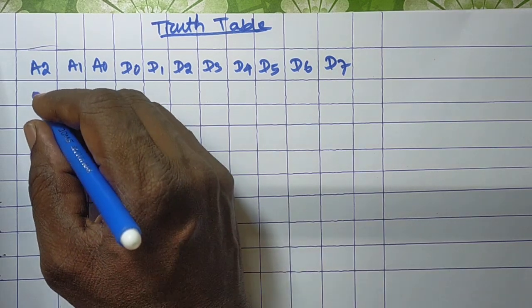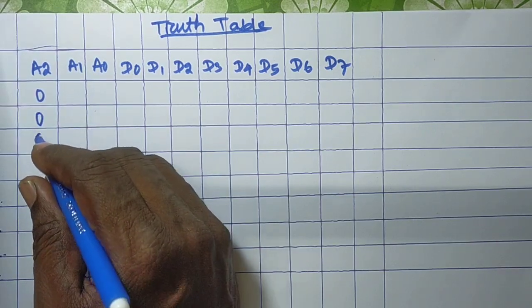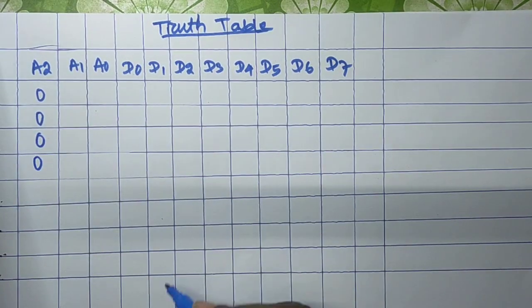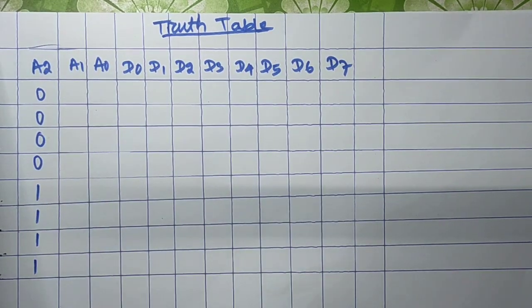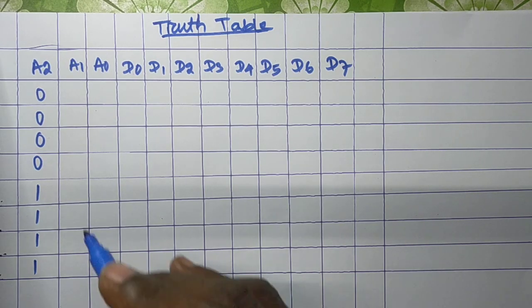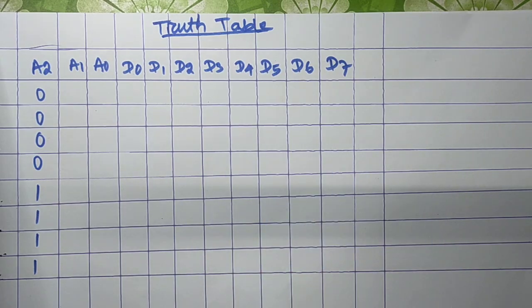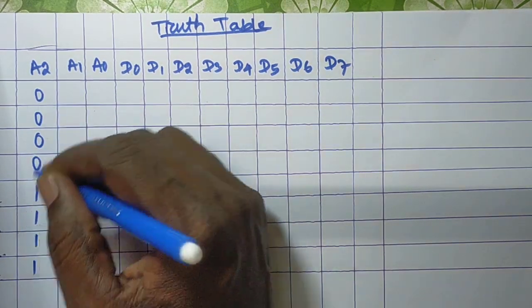Here A2 we consider starting with 0 0 0 0, very simple way. Next is 1 1 1 1. This is the logical concept we can consider. Then in a very easy way we can take some input values and according to that we can get the output. So here is 4 zeros, 4 ones.